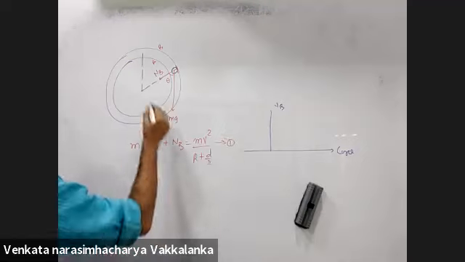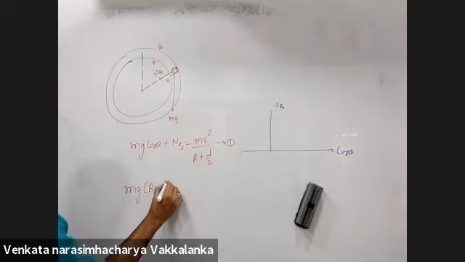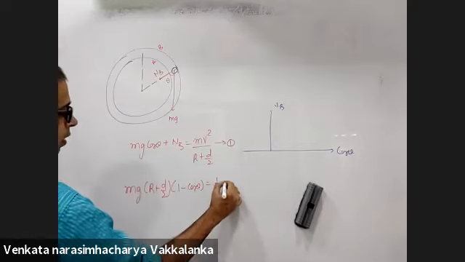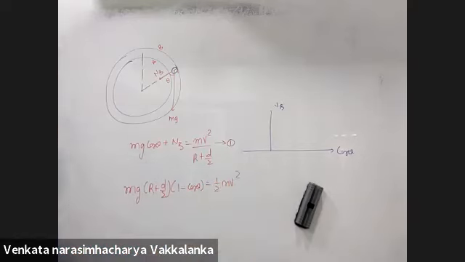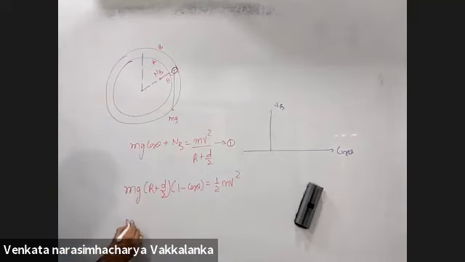First equation. Second equation, loss in potential energy: mg into (R plus D by 2) into (1 minus cos theta) is equal to half mv square. Now, mv square as it is, I will substitute here.